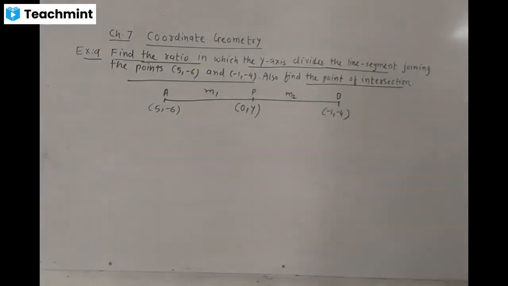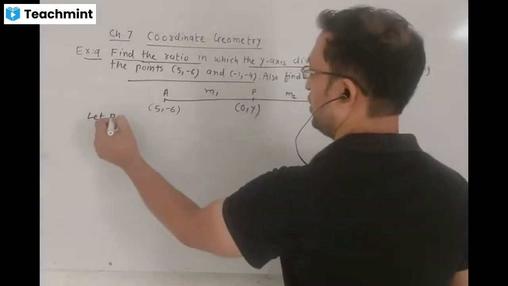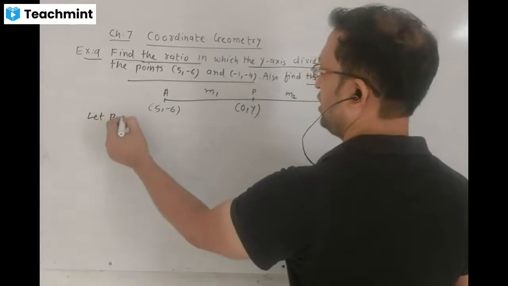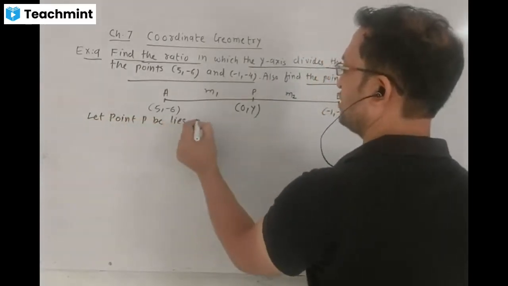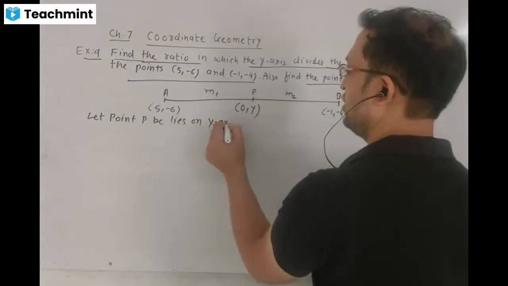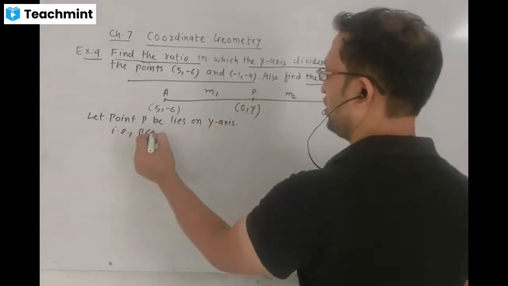So here the P point is given, P point is (0, y). Point A and point B, that is x1 y1, are given. So first we find the ratio m1 to m2. Let point P lie on the y-axis, that is P(0, y).